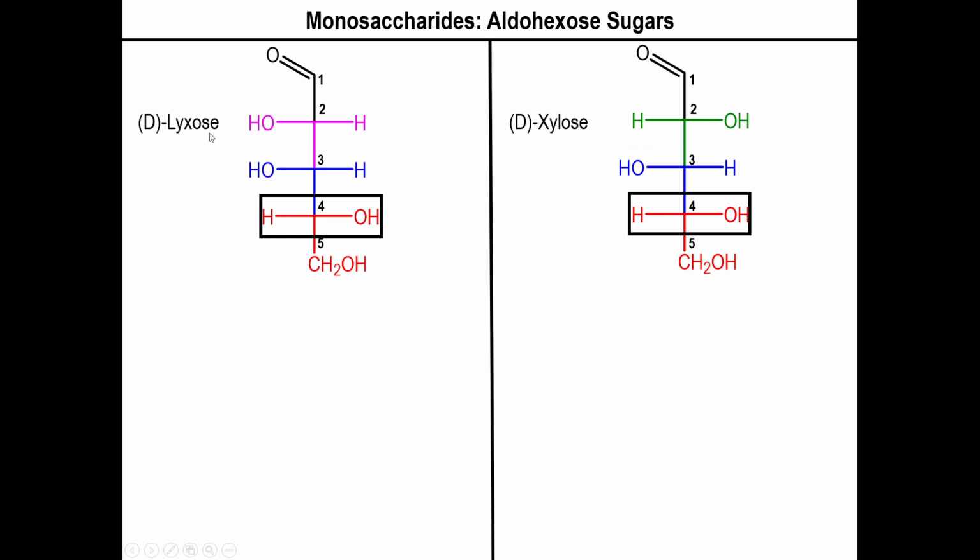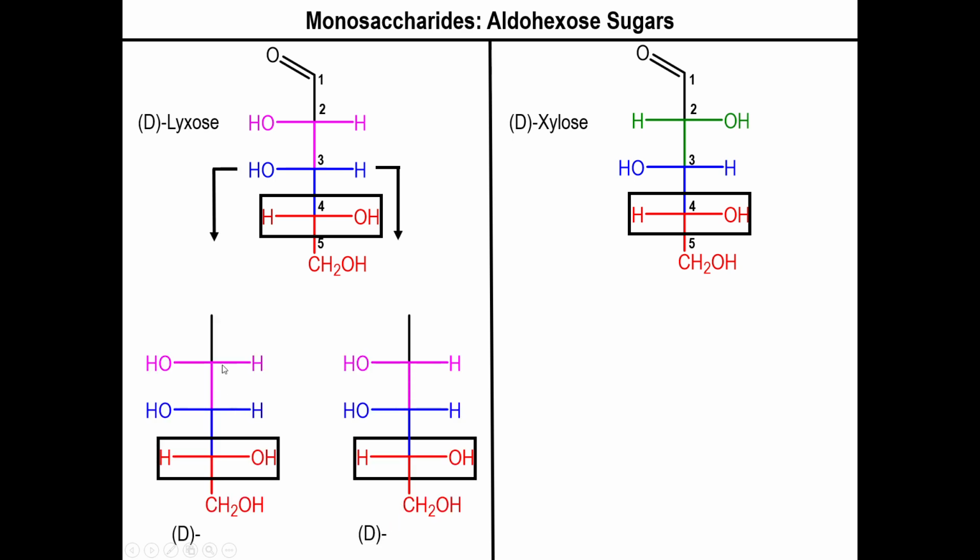Okay, so here it is, lyxose and xylose. Just like in the previous scenario, we're going to take carbons, in this case now carbons 5 through 2, and we're just going to copy and paste that to derive the 6-carbon sugars. Okay, so we literally take lyxose from carbons 5 to 2, and we just copy that exactly as is, no difference. And we do exactly the same thing with xylose.